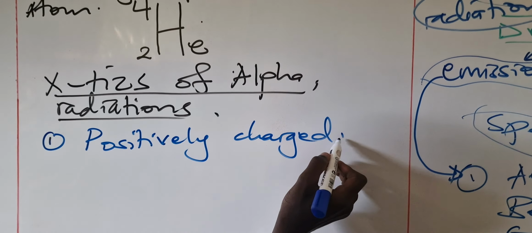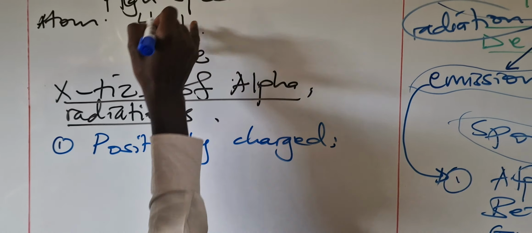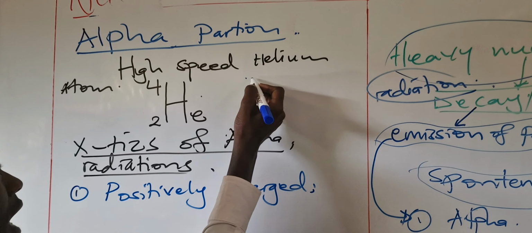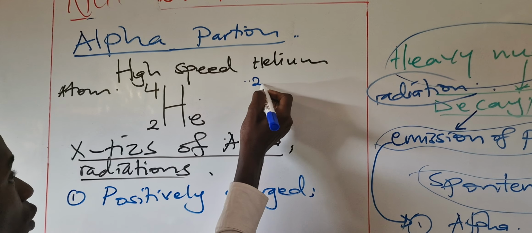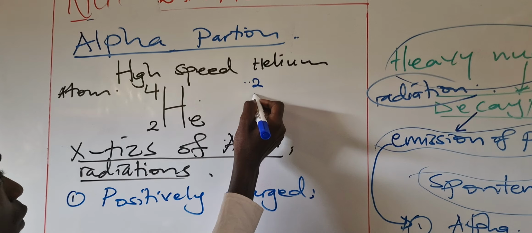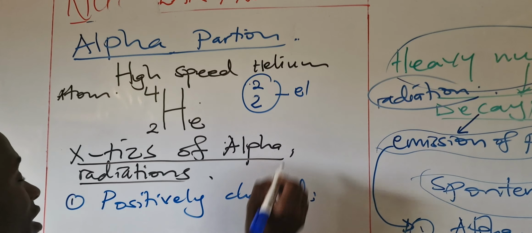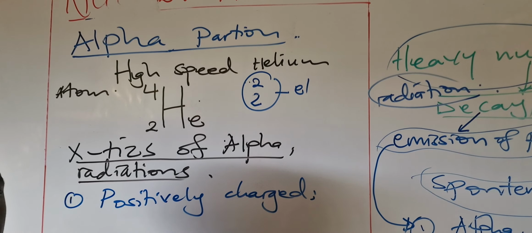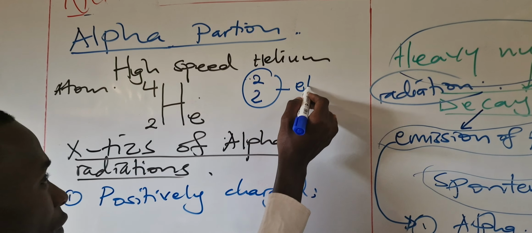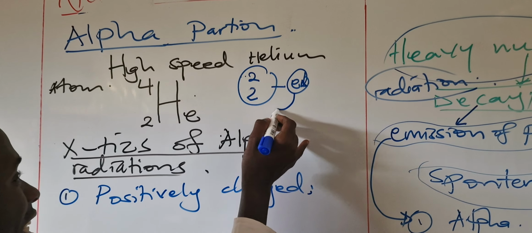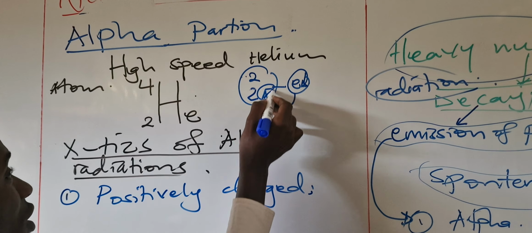Why? Because the helium atom has, remember, 2 protons and 2 neutrons, but it lacks electrons. So the lack of electrons in the helium particle will always leave the helium particle positively charged.